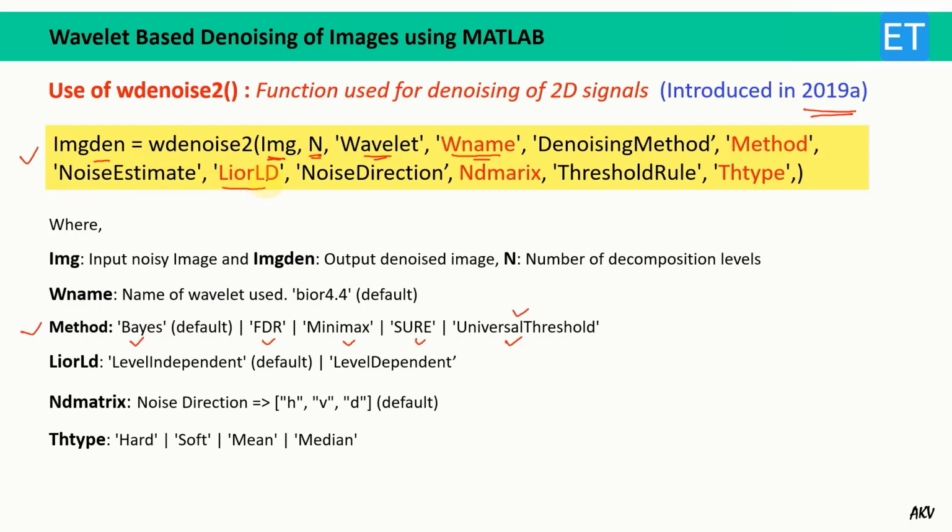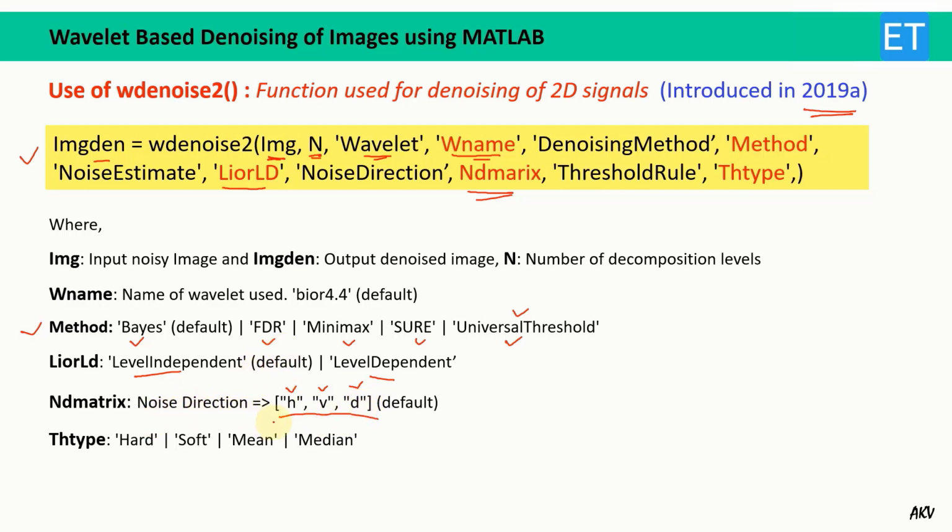And for the noise estimate, in place of 'LI' or 'LD' you will write either level independent or level dependent. That is similar to your 'gbl' and 'lvd' of the previous function. Level independent means a single threshold will be used, and for level dependent there will be a different sigma for each level. And then the noise direction, and the matrix. For example, the default is HVD, all horizontal, vertical, and diagonal wavelet subbands.